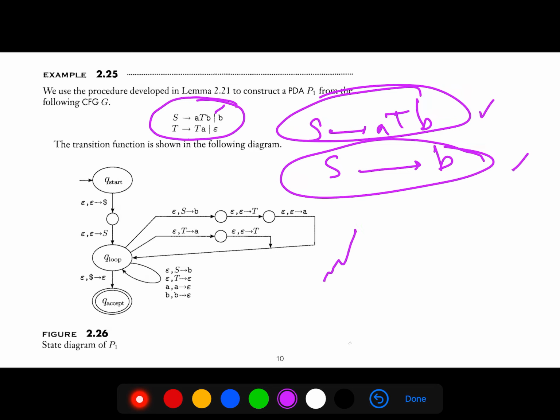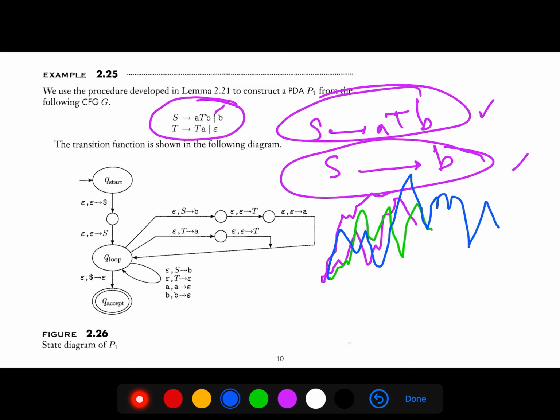And it can reach different trajectories. This is one trajectory, this is another trajectory, this is another trajectory, and they are very complex. Especially if the number of your alphabet symbols increases, it becomes very, very complex and interesting.